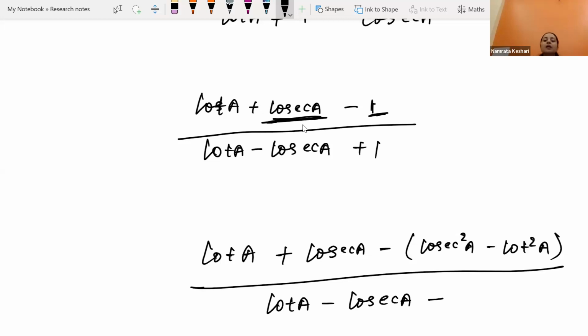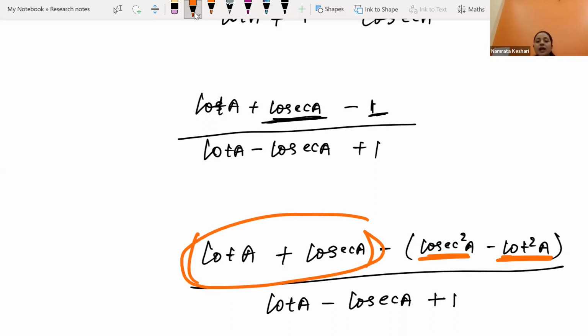Now again we have created the structure. See, a square minus b square can be written as a plus b in one bracket, a minus b in another bracket. Why will we write a plus b, a minus b? Because this is what we have in hand. A plus b we already have in hand.